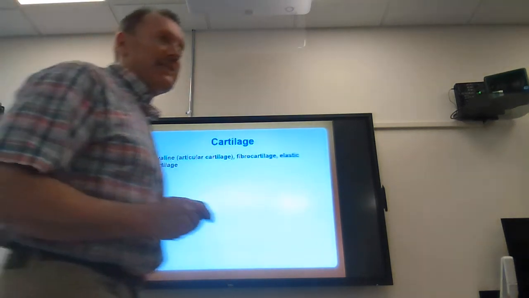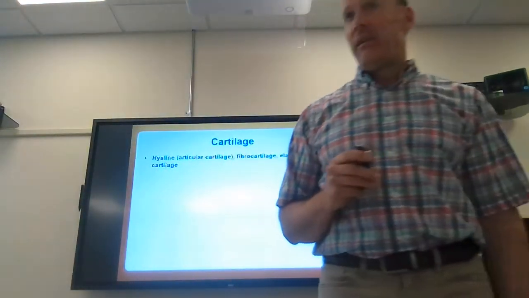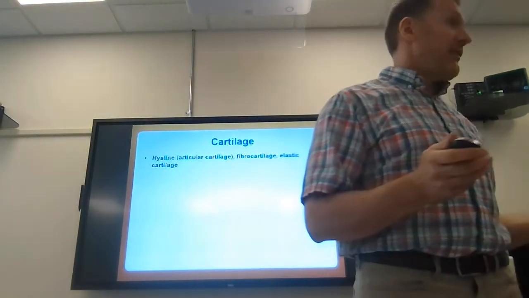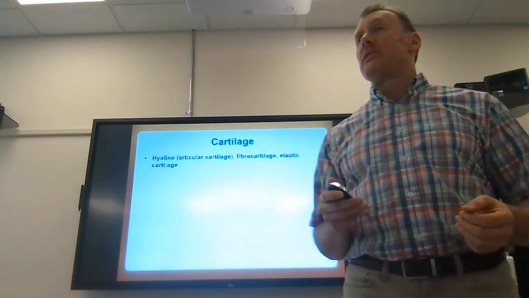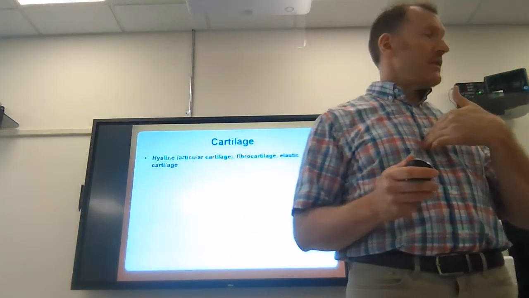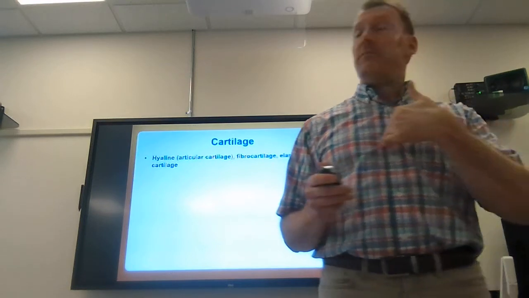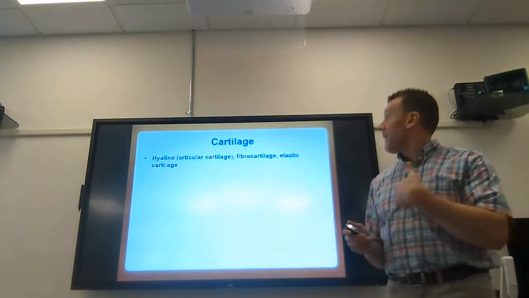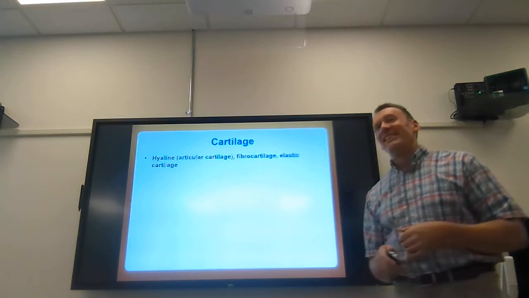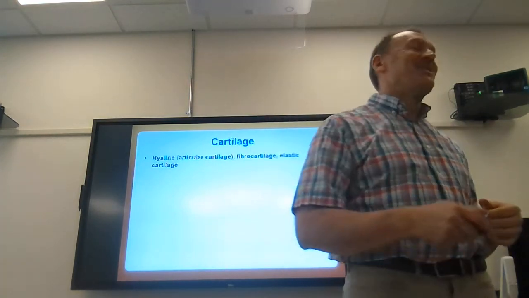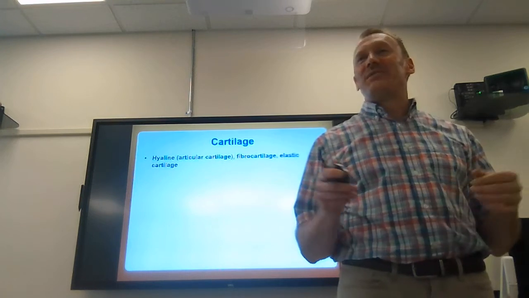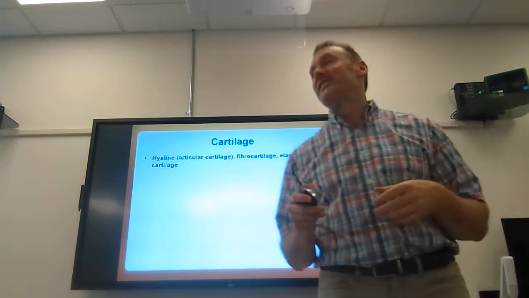So the intervertebral discs, we have another disc, the symphysis pubis, as well as the attachment of the ribs to the sternum, they are fibrocartilage. Elastic cartilage. Yeah, so your ears, and Logan's giving me all the answers over there. The ears and your nose are examples of elastic cartilage.